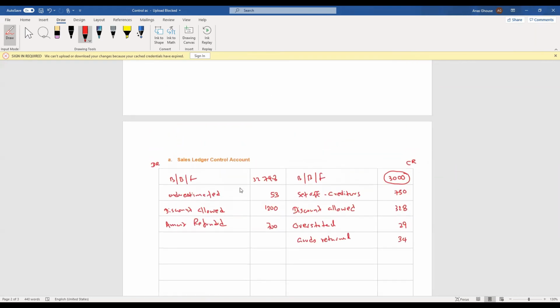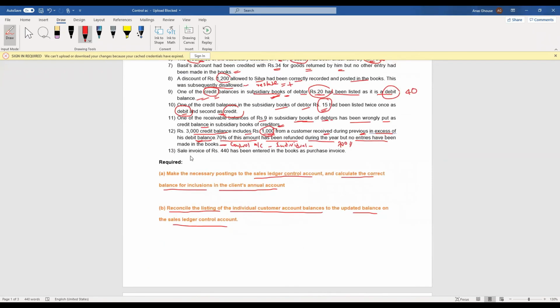Okay, and the last one is a sales invoice of 440 that has been entered in the books as a purchase invoice. So basically the 440 has not been recorded, it has been omitted completely. So to rectify this, we need to debit the control account and add back to the individual account balances.